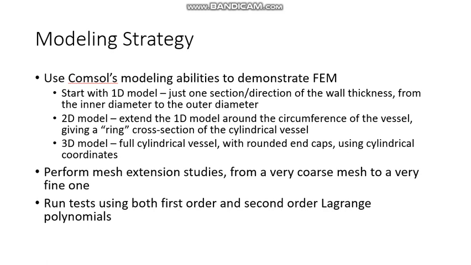I will also be performing mesh refinement studies, going from a very coarse mesh to a very fine mesh, and I would like to also run these tests using both first order and second order Lagrange polynomials, and see how the results change with that.